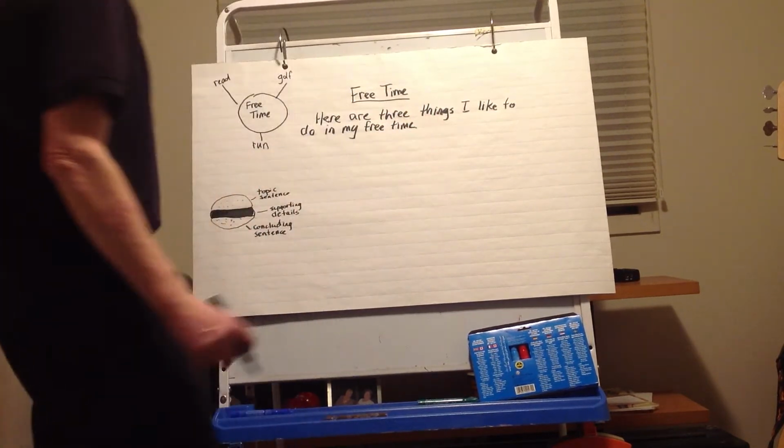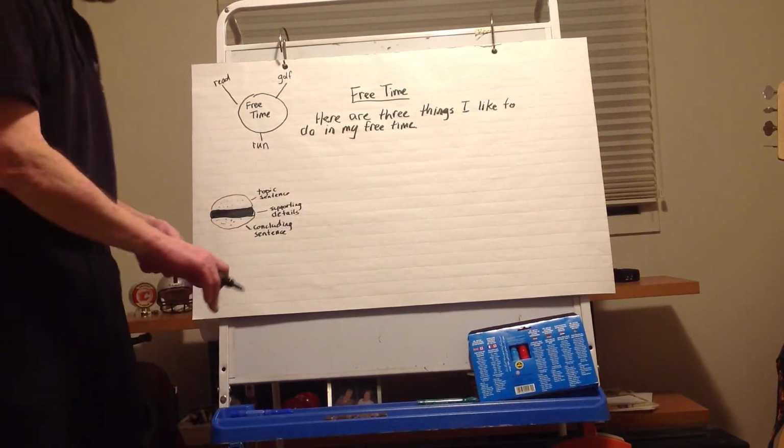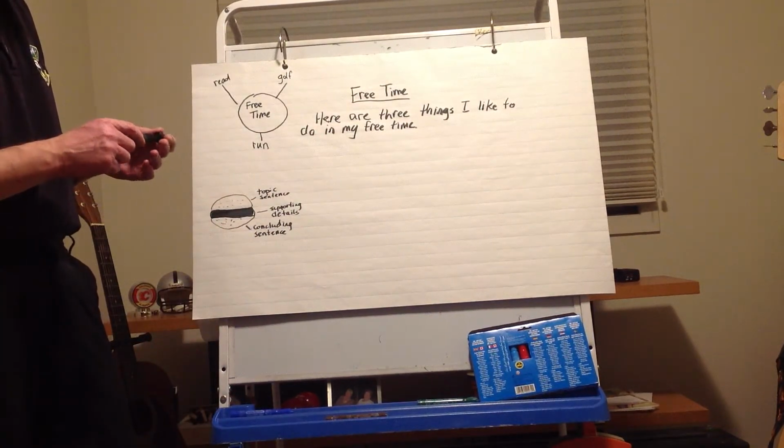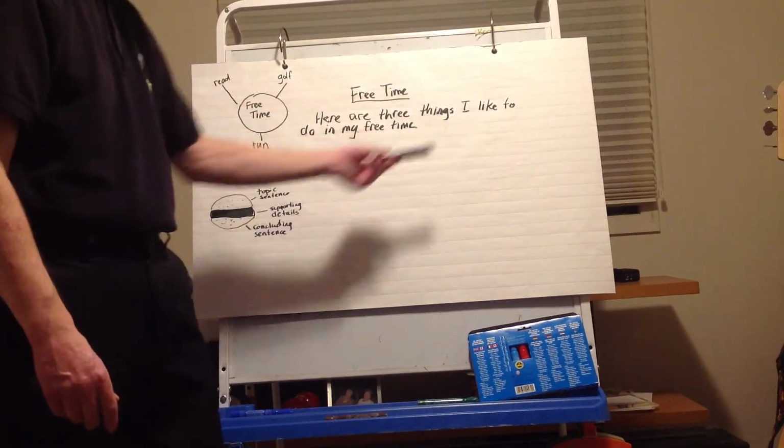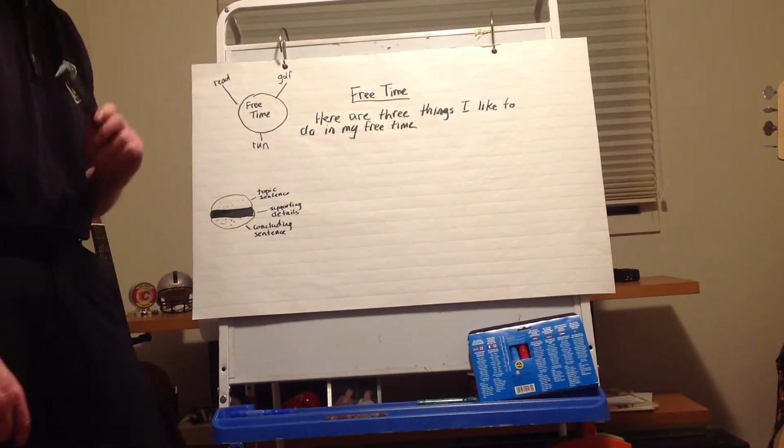Okay, there's our topic sentence. And again, you can write exactly what I wrote, and you can change it a little bit if you want, but that's our topic sentence. Here are 3 things I like to do in my free time. That's exactly what I'm going to write about.